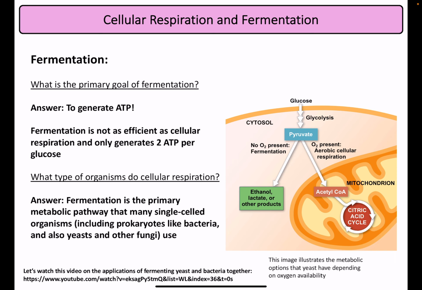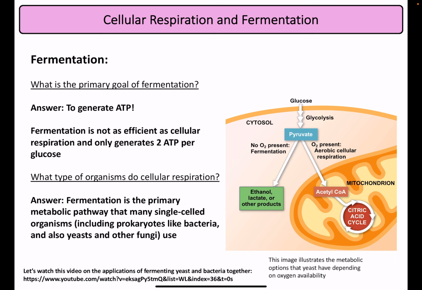primarily single-celled organisms, many types of bacteria, also yeasts, which are fungi, and surprisingly, even animals like yourself can undergo fermentation in certain tissues for very short periods of time. But primarily we're talking about yeast and many different species of bacteria.